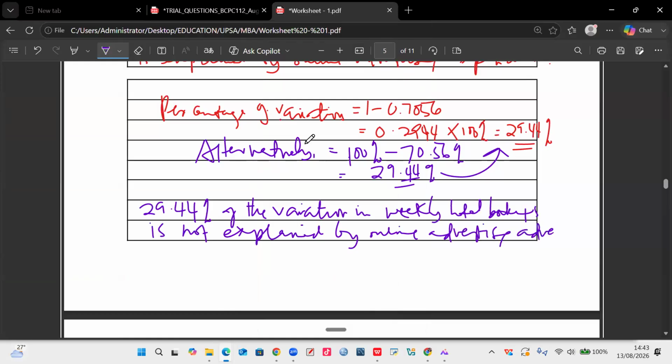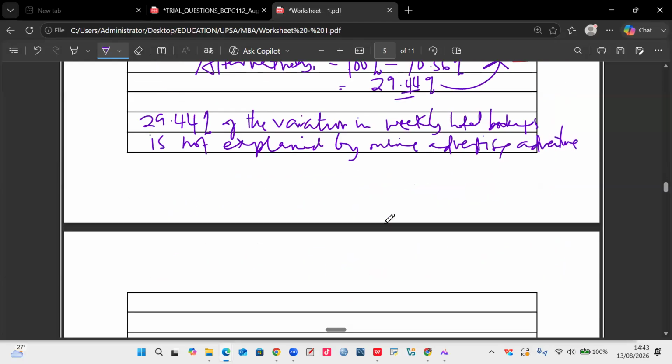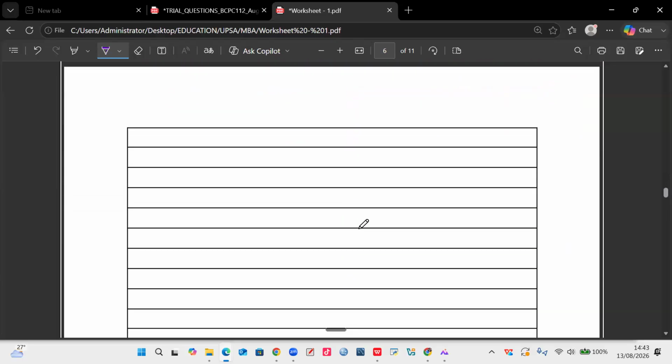It means that for the Y, which is the weekly hotel bookings, other factors are affecting it, not only the X. That is what we've just done. And it's called the coefficient of non-determination. Yeah, let's proceed to the next question.